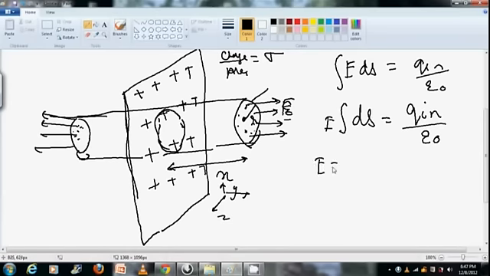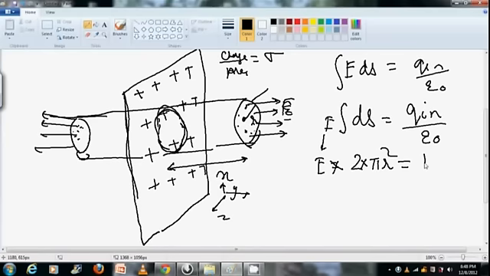So it is equal to E into 2, since 2 surfaces are there, and the area of each circle is pi r square. What is the total charge inside this surface? It is the charge where the surface cuts the sheet, which is the surface charge density multiplied by the area.